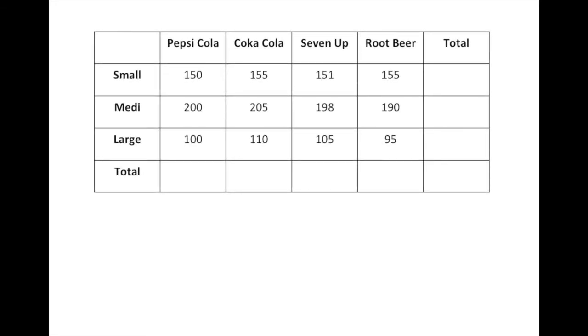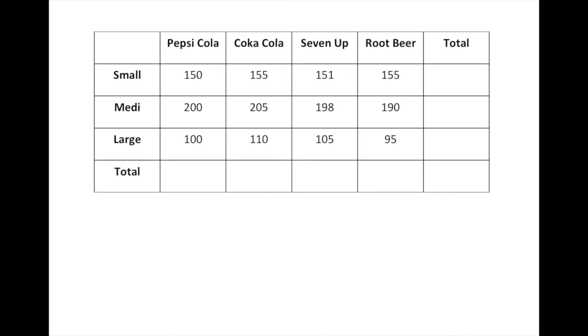And now here's a little example I need to show you from the notes as well. On this table, we have Pepsi Cola, Coca-Cola, 7-Up, and root beer, and three different cup sizes, small, medium, and large, that people want to drink. According to research, for small, 150 people drink Pepsi Cola, 155 Coca-Cola, 151 7-Up, and 155 root beer.